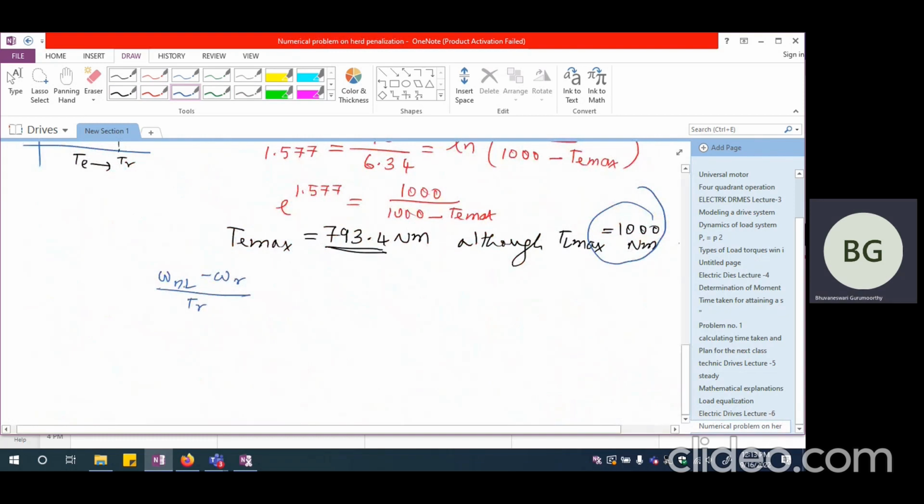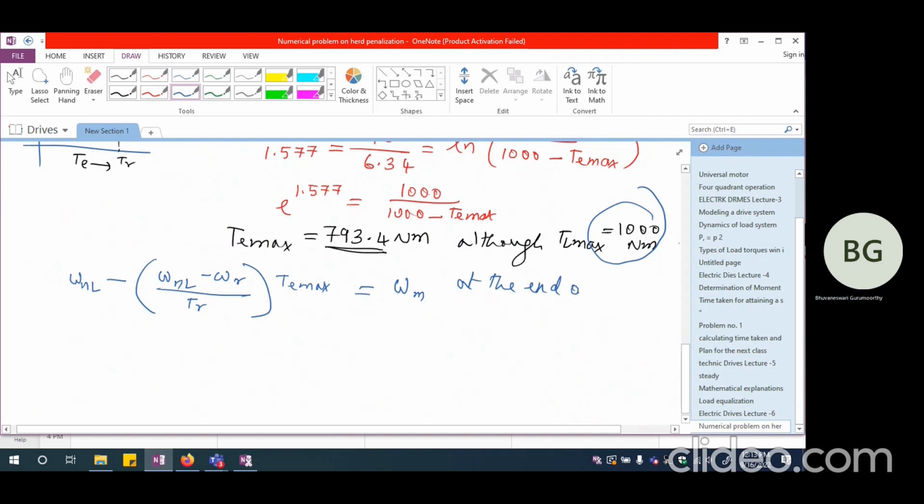This is (omega no load minus omega r) divided by TR, the slope of the speed torque characteristic. This multiplied by TE max will give me the reduction in the speed. So omega no load minus this will give me omega mechanical at the end of the TH interval.